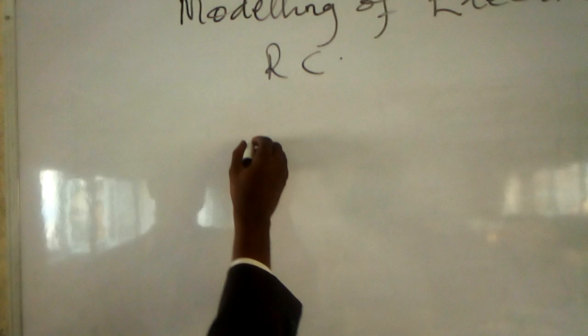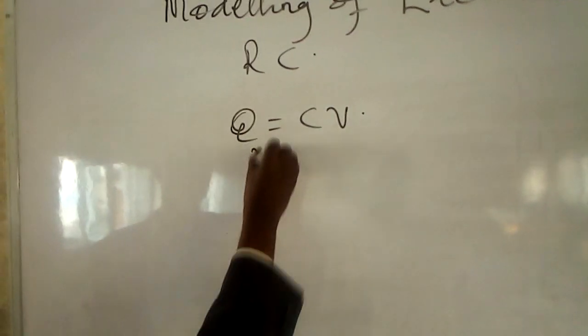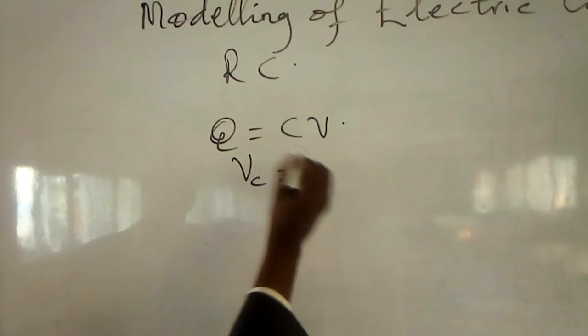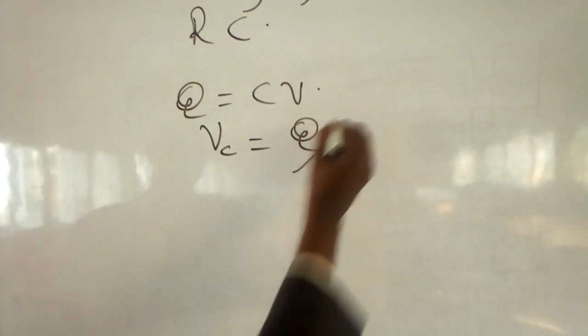In an RC circuit, we know that charge Q is equal to CV, and the voltage of a capacitor is charge divided by the capacitance.